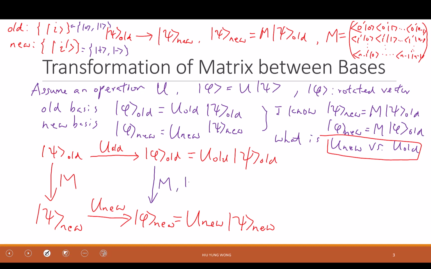Where phi new equals M times phi O. Right, so I'm just repeating what I said. I have not introduced anything new yet.